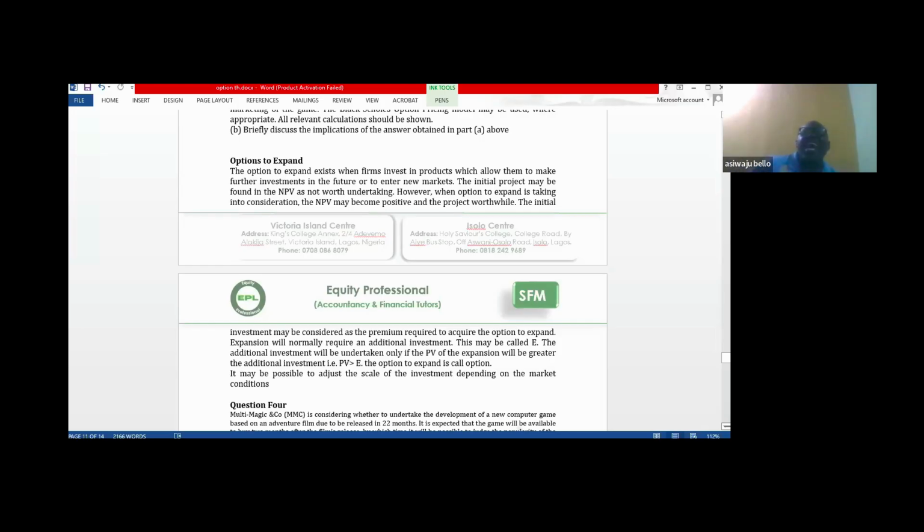Option to make additional investment in the capital project. Please note, option to expand will be treated as a call option.